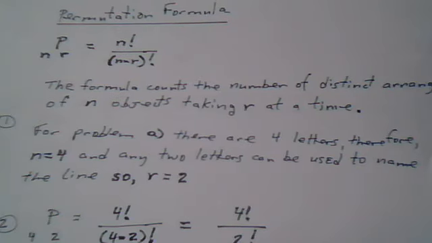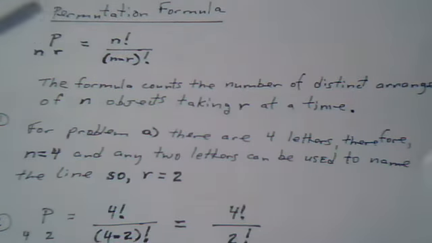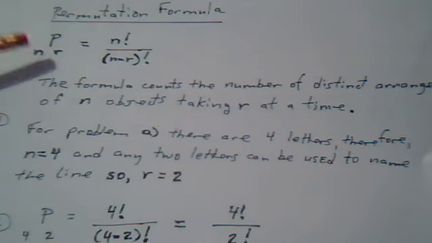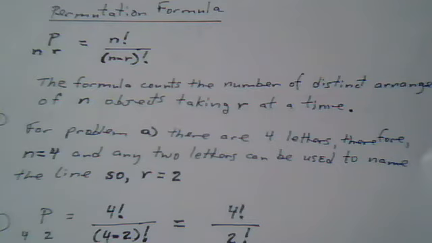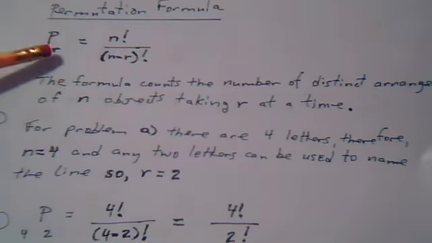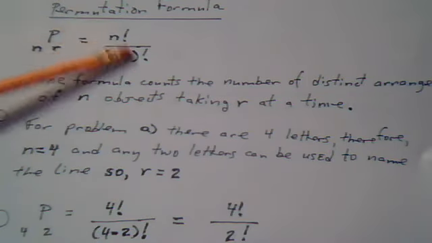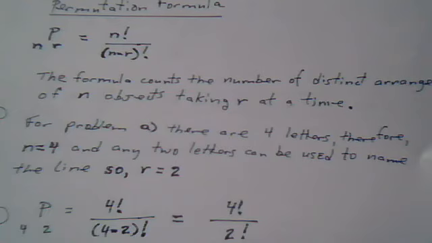Here's the permutation formula. It reads: a permutation of n objects taking r at a time. In other words, an arrangement of n objects taking r at a time. On this side of the formula is where we see that symbol for factorial.